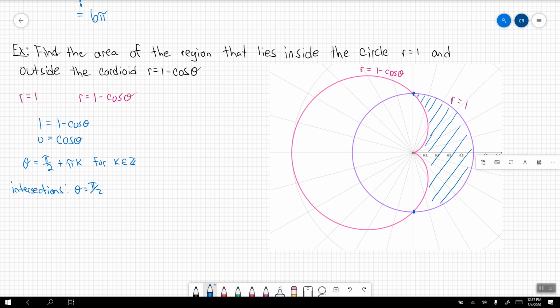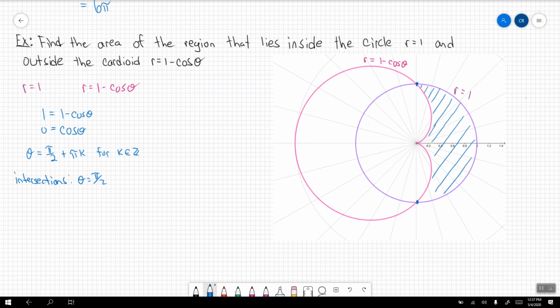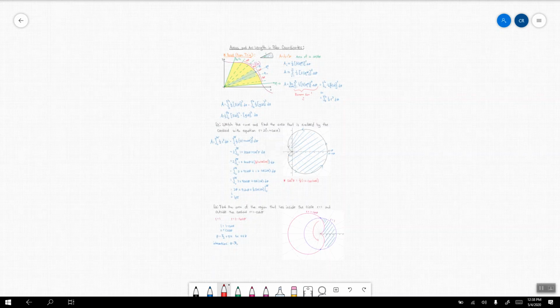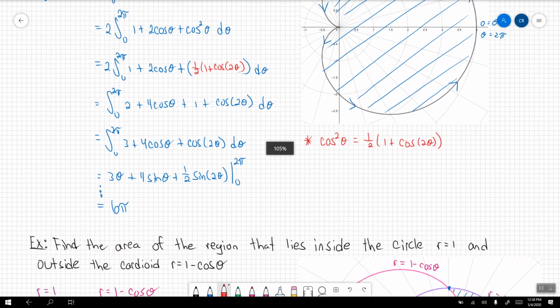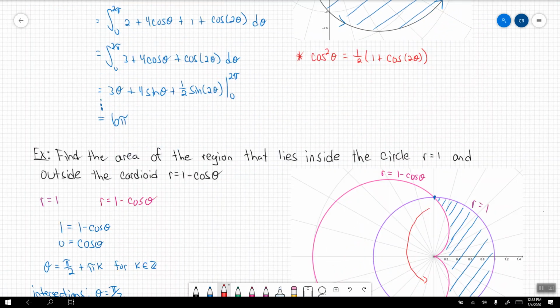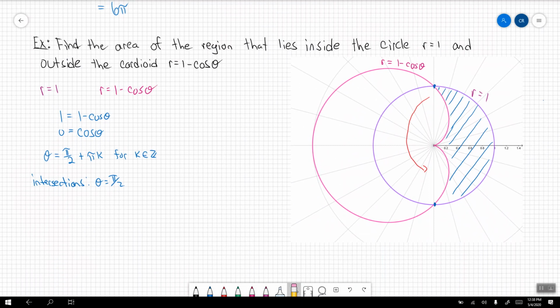If I try to find this one down here and mistakenly use 3 pi halves, that would be traversing in this direction, and this area is not reflected in that direction, so we cannot use 3 pi halves, because then our lower limit of integration would be pi halves, which would be incorrect. So we need a coterminal angle with it.